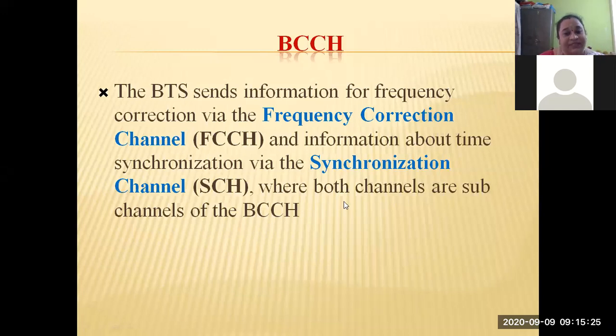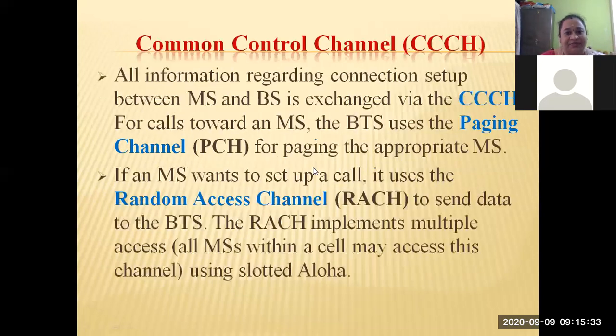So there could be some synchronization between the BTS and the mobile station, and some frequency correction because of the neighboring channels which create disturbance during the transmission of the data.